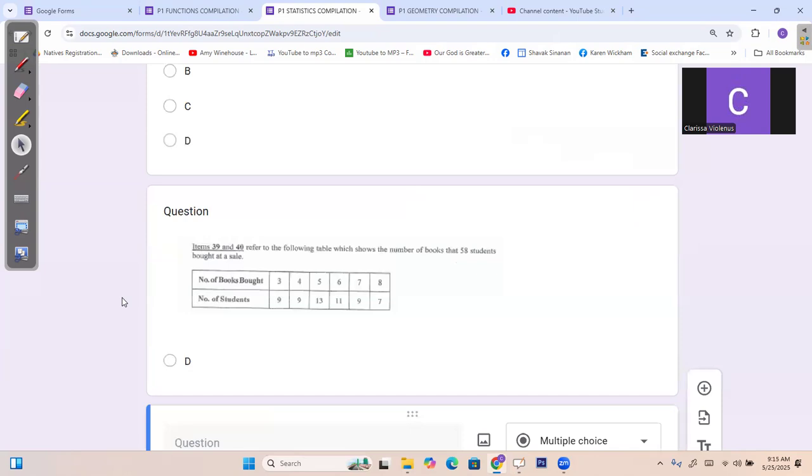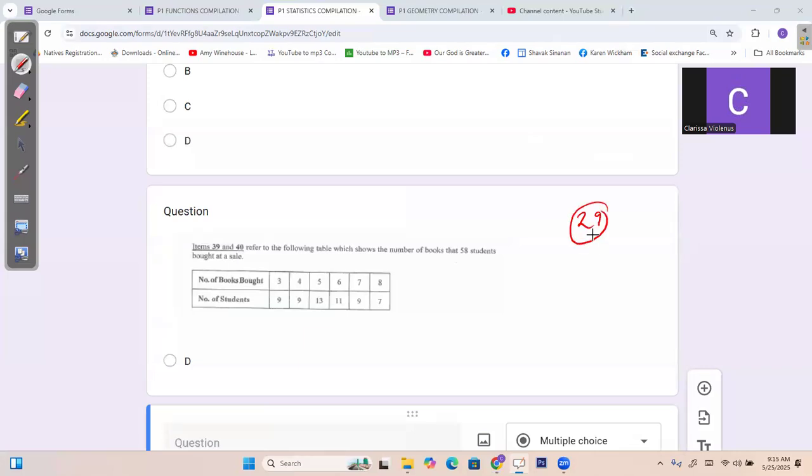This is a lot of work, you have to multiply these two. So 58 divided by 2 is 29.